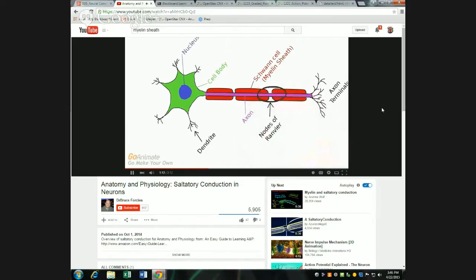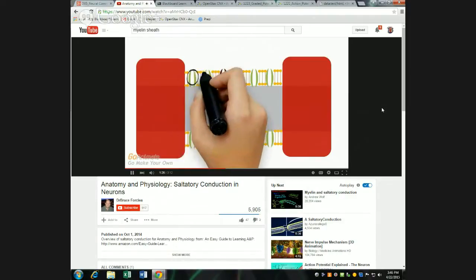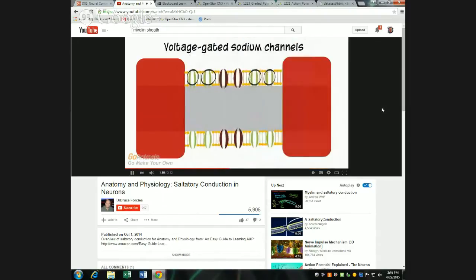The gaps in the myelin sheath are called nodes of Ranvier. They play an important role in saltatory conduction. Let's take a closer look at a node. The nodes contain a couple of important transport proteins. These are voltage-gated sodium channels and voltage-gated potassium channels.